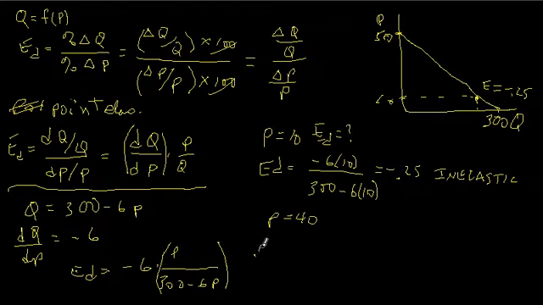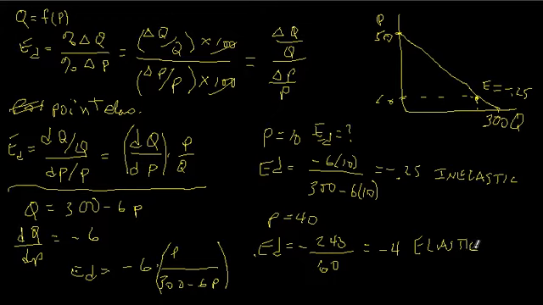Well, if price is 40, then elasticity of demand is going to be minus 6 times 40 with a minus sign, which is 240 from over here. And we have 300 minus 6 times 40, which is 60. So that the elasticity of demand is minus 4, and we would say that that's elastic.